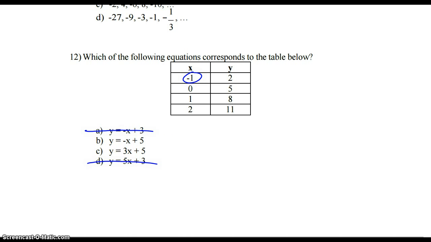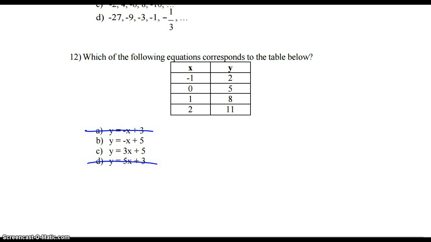So let's try B. If I do y equals negative 1, since I'm putting a negative 1 in here for x, it's really like a positive 1 when we do that, plus 5, I really have y equals 6. But this table shows that when x is negative 1, it's supposed to equal 2. So really we can eliminate B right now, but let's just make sure that C makes sense.